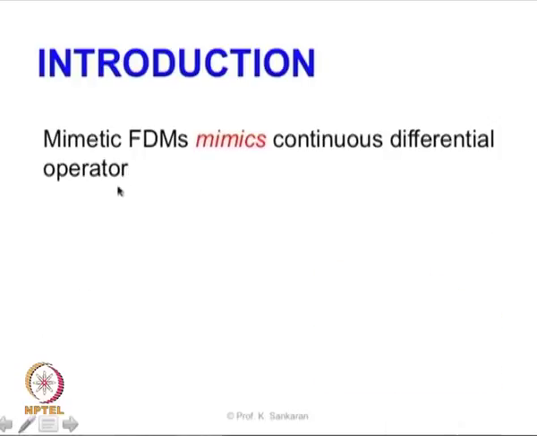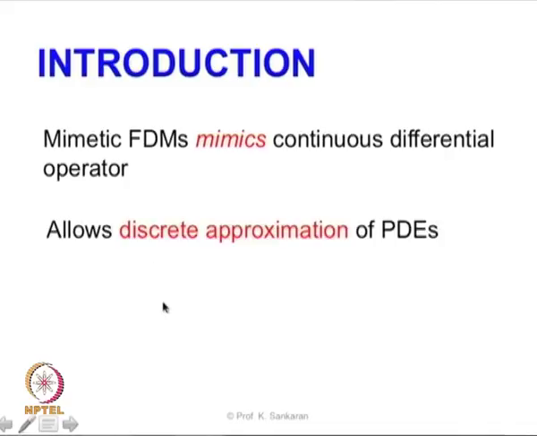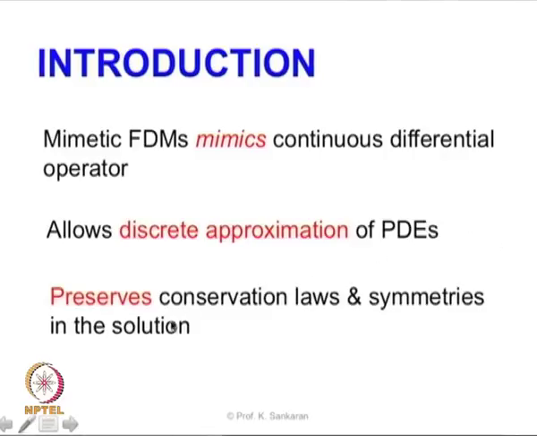The idea of mimetic finite difference method is that it actually mimics the continuous differential operator, and not only that, it makes the discrete approximation of PDEs possible, and it preserves the conservation laws and symmetries in the solution. We discussed conservation laws when we started with finite volume method. It conserves the energy and it also preserves the symmetry of the solution, and Maxwell equation is a conservation law.